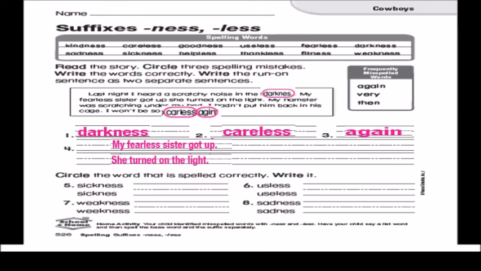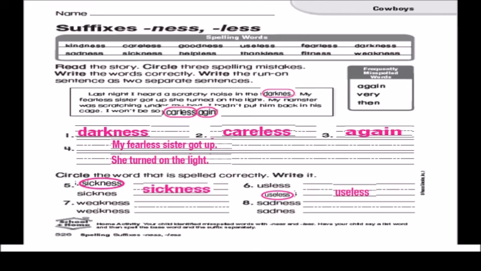Okay, circle the word that is spelled correctly and write it. Number 1 is sickness. Sickness has double S, not only one, so this is the correct one. Number 6, useless. Useless, long U, ends with E. He forgot the E here, but this is the correct form, useless. Number 7, weakness.